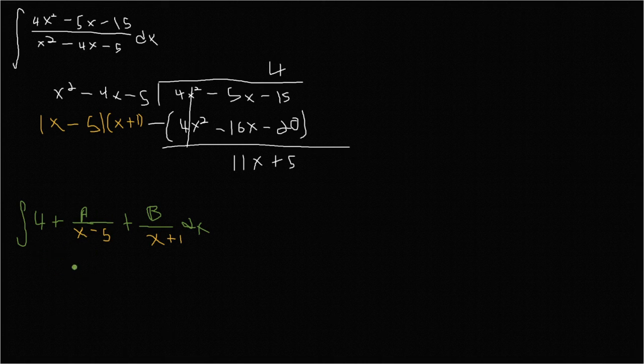We're going to set a over x minus 5 plus b over x plus 1, and we're going to set that equal to the whole thing, which is going to be 4x squared minus 5x minus 15 over our denominator.